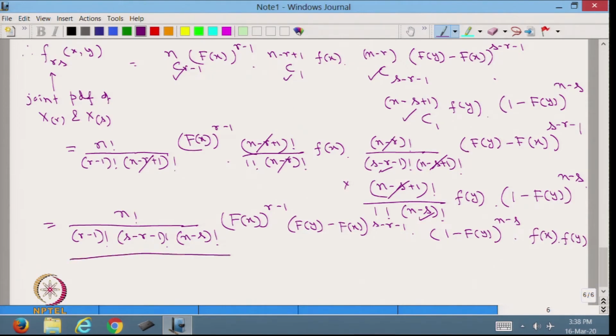So, that is the joint PDF of X_r and X_s at (x, y).